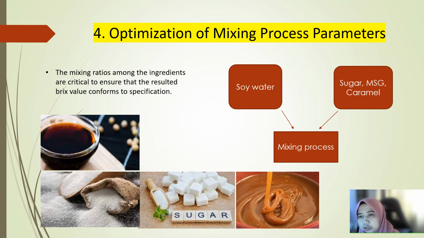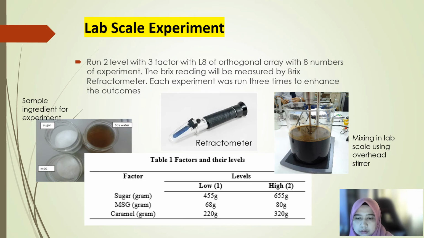The optimization of mixing process parameters. In the mixing process, there are two groups of ingredients, which are soy water and sugar, MSG, and caramel. Okay, we are using lab scale experiments.